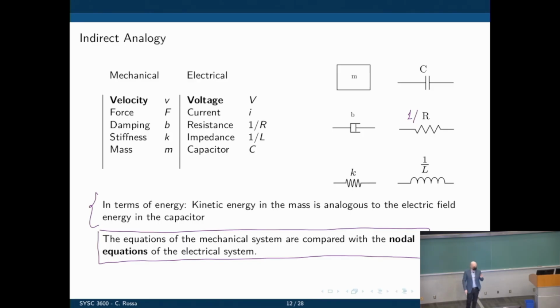For example, in the indirect analogy, if you have to do a nodal equation to find the equations of the electrical system, then go with that. If it is easier to do loop equations, then go with the direct analogy to model the electrical circuit and then find the equivalent mechanical system.